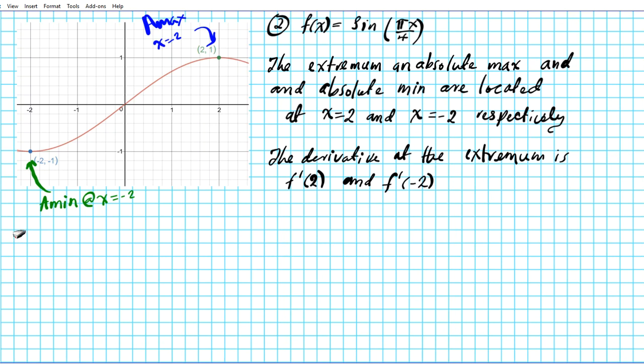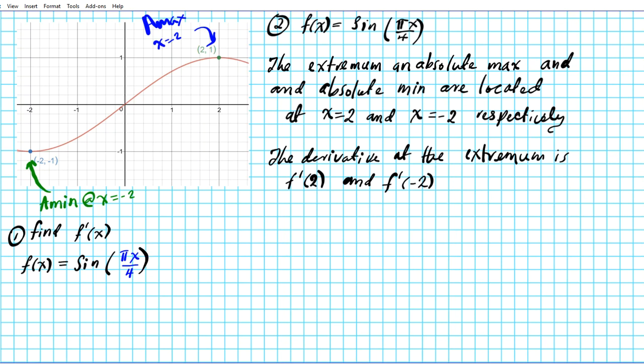So part 1, we want to find f prime of x. The function is sine of pi x over 4. What we're going to be using here is the chain rule.